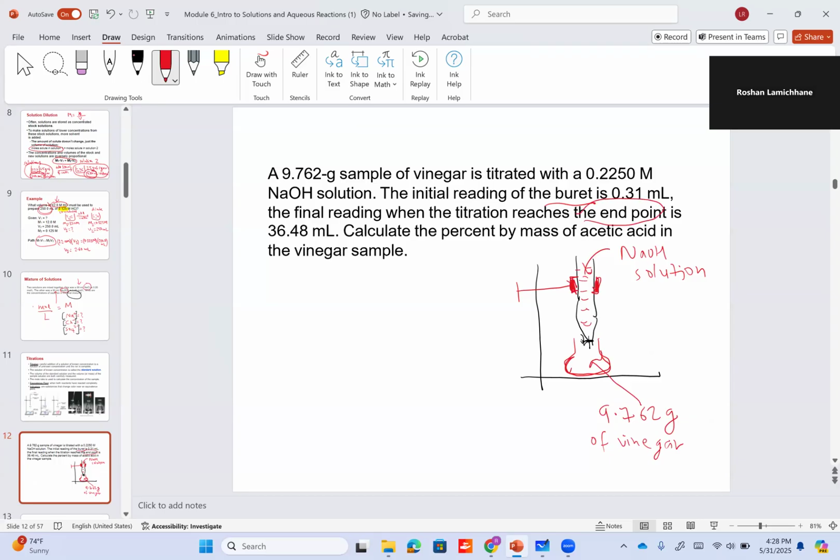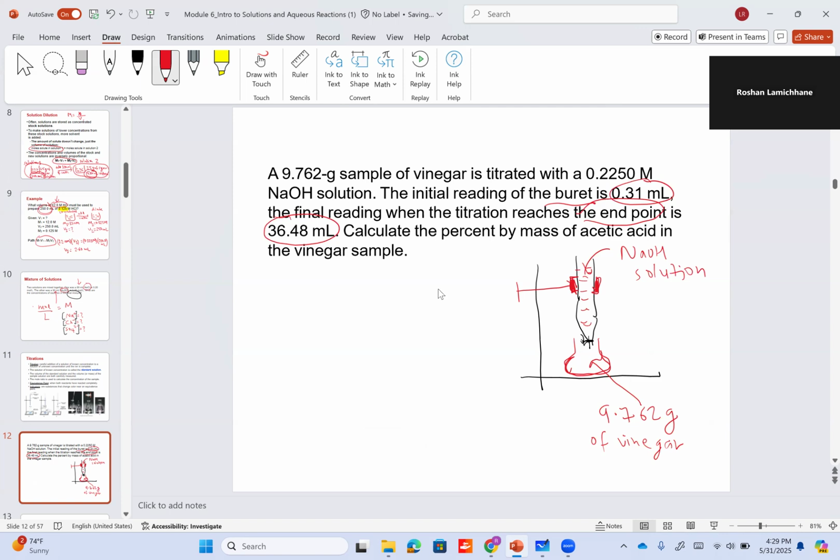Again, the idea is you use a certain amount of NaOH solution to reach that end point, which we can figure out by subtracting the final volume minus initial volume. And that will give you the volume of NaOH solution that you used. All right, and that is when the indicator changes color. For example, it might look something like this, right?